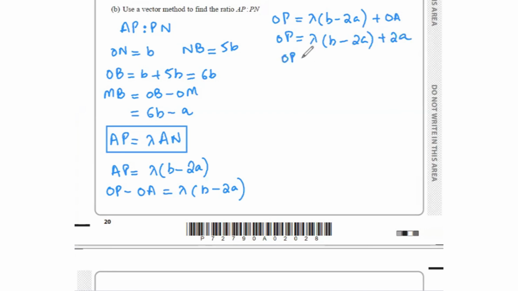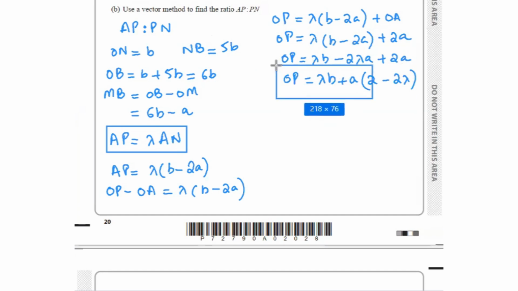So if we expand this, lambda B minus 2 lambda A plus 2A. So I'm going to collect the A's. So lambda B plus A bracket 2 minus 2 lambda. This is OP. Now this is the equation of OP using the line AN.